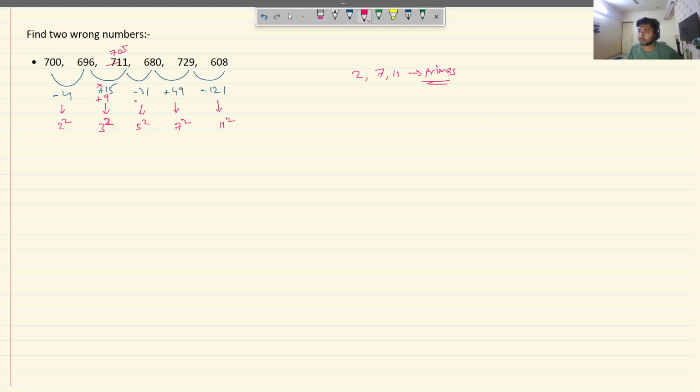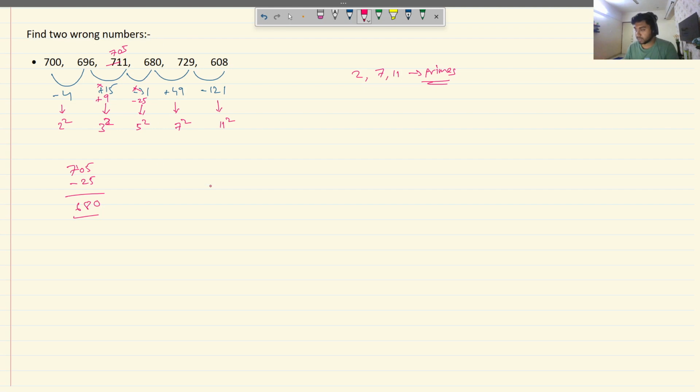And if this is 5 square, this should be minus 25, not minus 31. And then 705 minus 25 should come to 680 if our logic is correct. Yeah, 680 plus 25, that means our logic is correct.